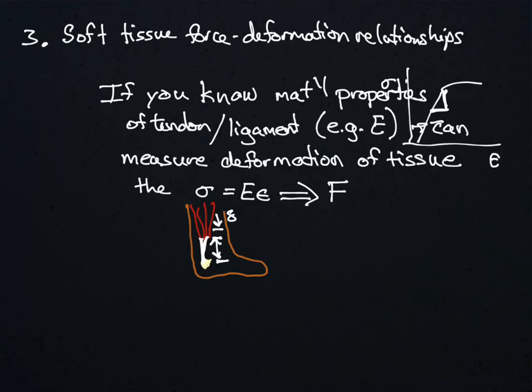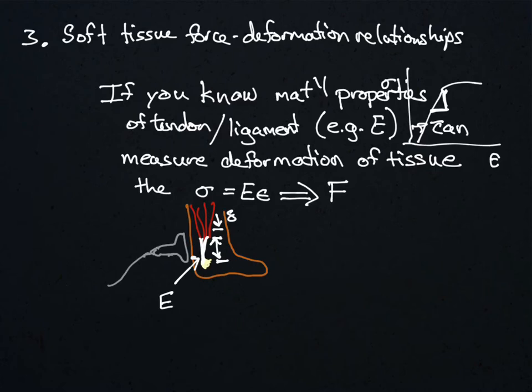Now, that is actually an ongoing area of research in biomechanics right now. There's a lot of really cool work being done with ultrasound transducers, trying to measure both the deformation and using a technique called shear wave elastography to estimate the material properties of the tendon, so you don't just have to go with what the table says the modulus is, but you can actually measure the elastic modulus of the tendon using the speed of a shear wave traveling through the tendon.